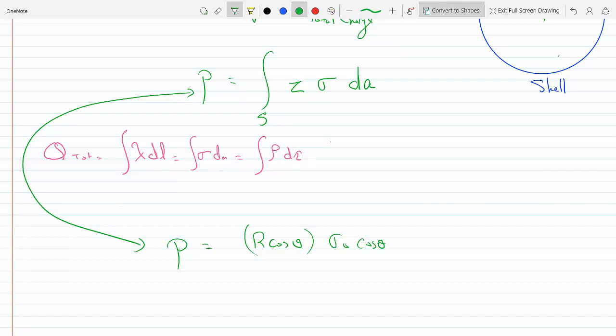So dA will be, R is constant, there's no R dependence here, so it's just dl phi dl theta.